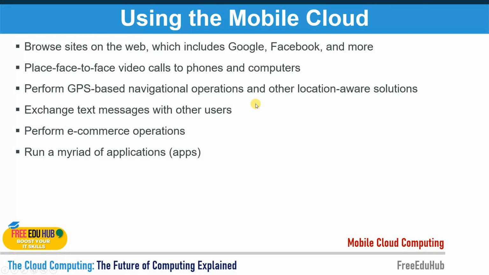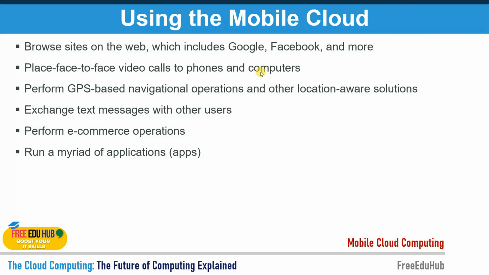Using the mobile cloud, we browse sites on the web, which includes Google, Facebook, and more. So we are using the mobile phone for browsing the internet, checking social media, and lots of other activities like gaming, online stocks, and banking, which are also performed using mobile phones. It even helped us in having face-to-face video calls.